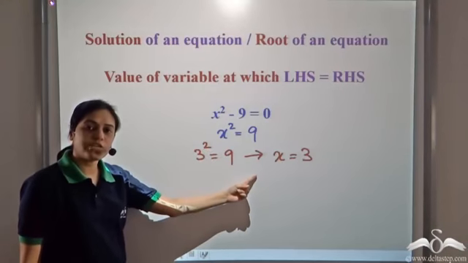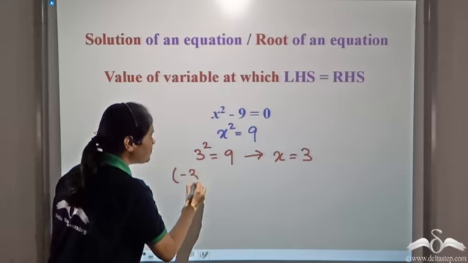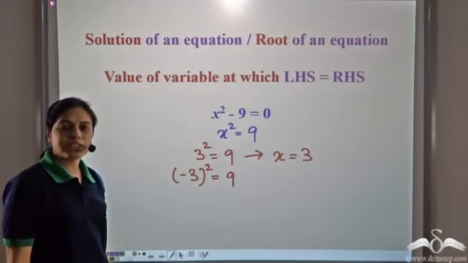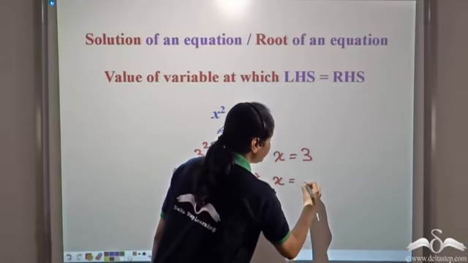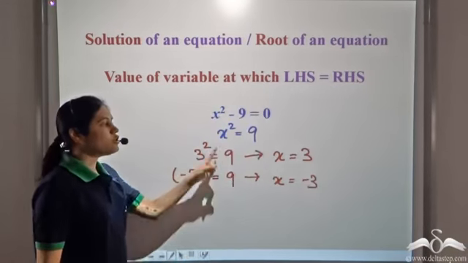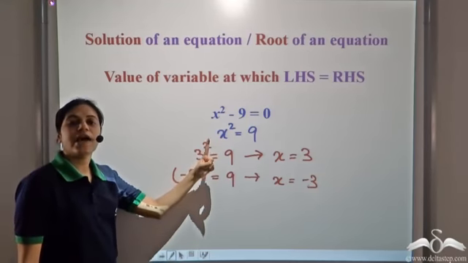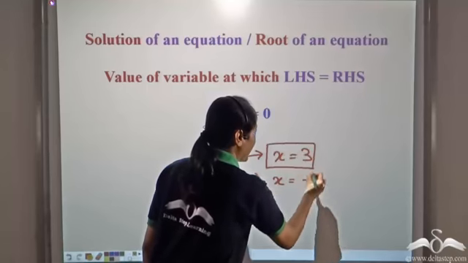Is this the only solution? No. There is another number, negative 3. Negative 3 square also gives us 9. So x is equal to negative 3 is also a solution of this equation. So this equation has two solutions, 3 and negative 3.